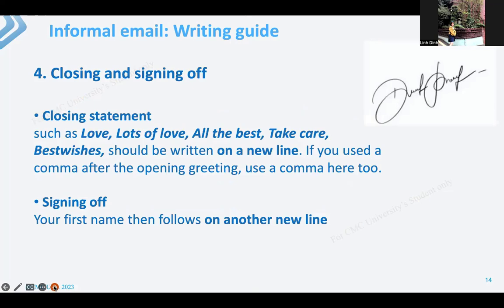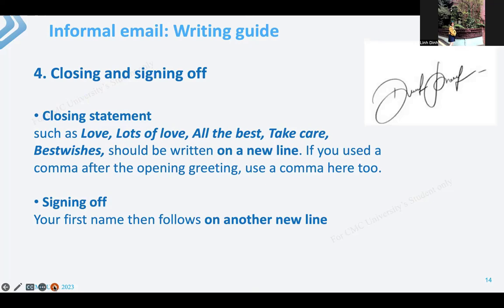So what about the closing and also the signing off parts? To close your letter, you can use words like love, lots of love, all the best, take care, or best wishes, and of course they have to be written on a new line.